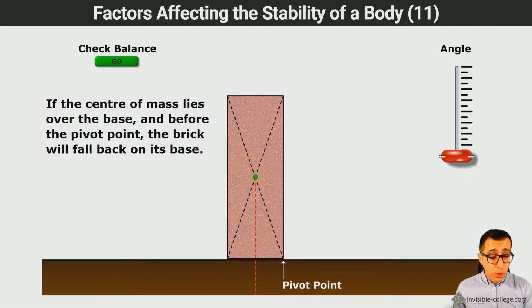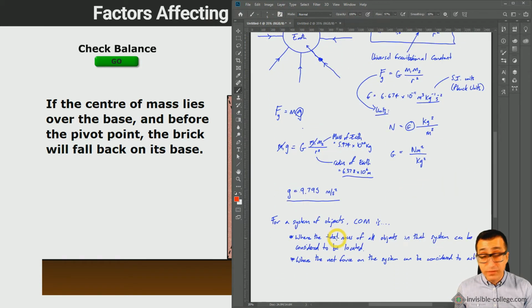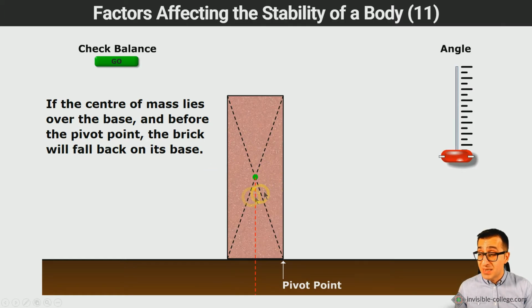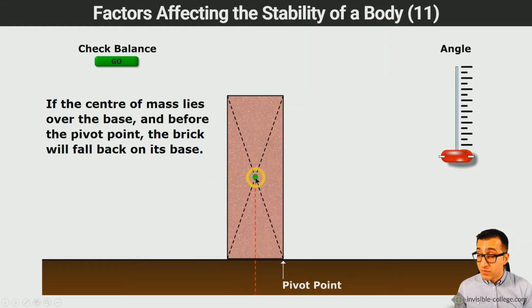Now, the reason for that goes back to what we said before. The center of mass of an object or of a system is where all the forces, the resultant force, can be considered to be acting. So the weight of this object can be considered to be acting at the center of mass, which is again the position where all the mass of the object can be considered to be concentrated. So this is where the weight of the object is acting.